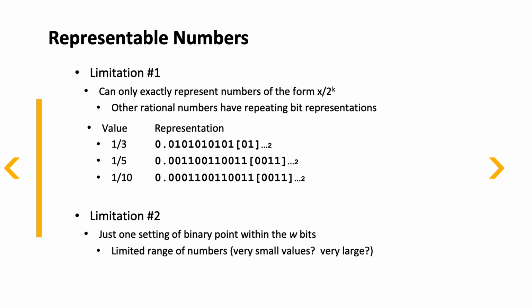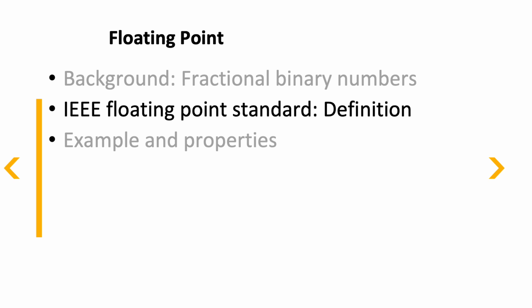If I have it further off to the lower order bits, I can have pretty large values, but a very limited range of small values. So how do we take care of this problem? How do we give ourselves more opportunities for representing larger ranges of numbers with a limited word size to work with? Well, enter the IEEE floating point standard, which we'll define and show you how it works over the next few slides.